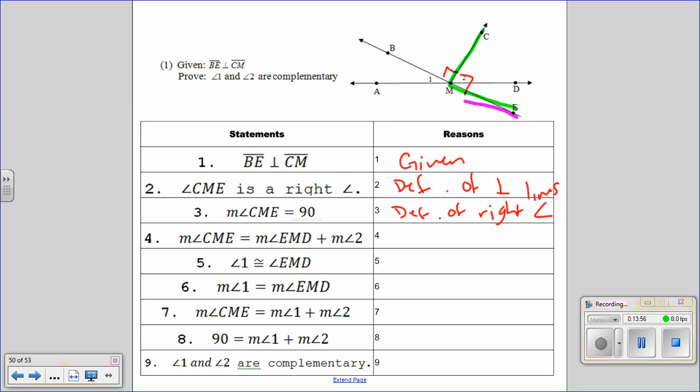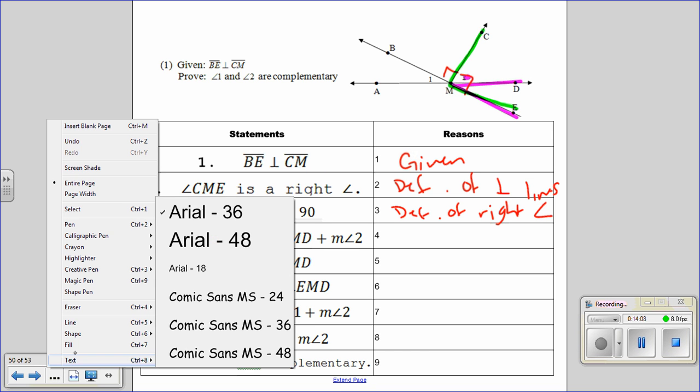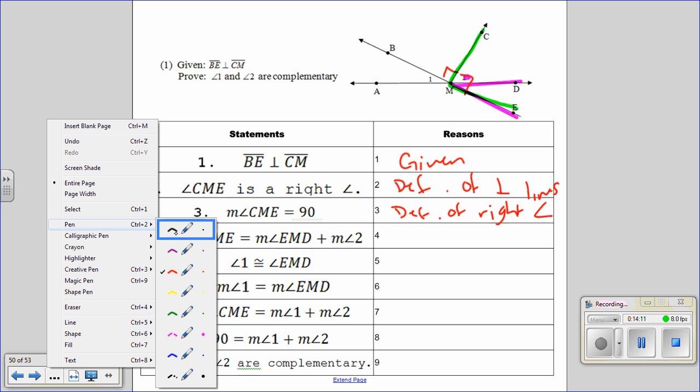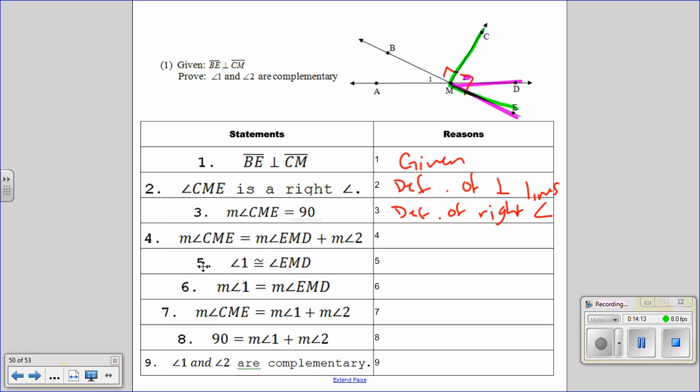EMD is this one here, plus angle 2, which is here. And so essentially you have those two smaller angles making up the larger angle CME, so that's the angle addition postulate.